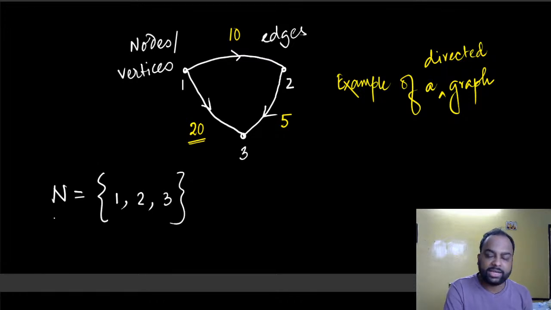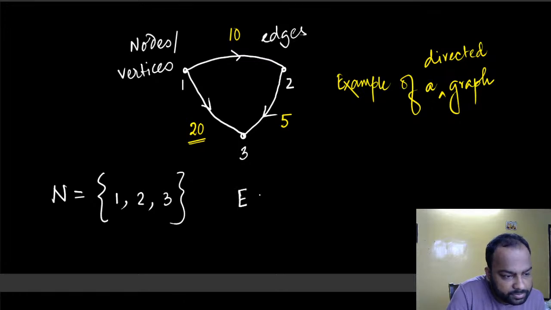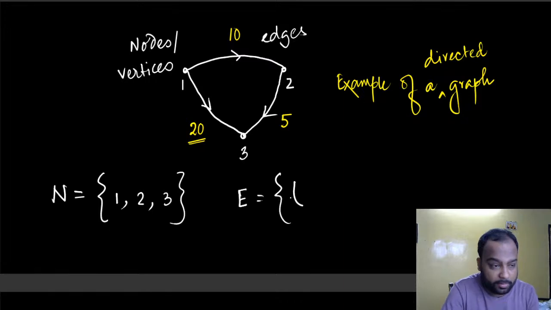So N is a set of nodes. You have node number 1, node number 2, node number 3, and they can be named differently. You can call them city 1, city 2, and city 3. These are just names associated with the nodes. And then you have a set containing tuples, and you are familiar with tuples, right? So I am writing (1, 2).